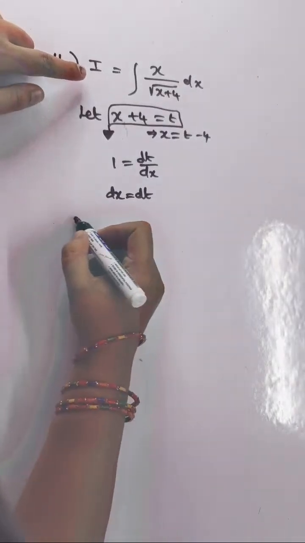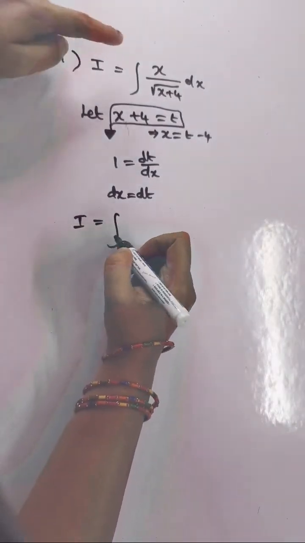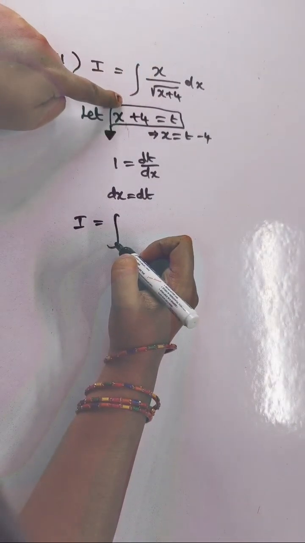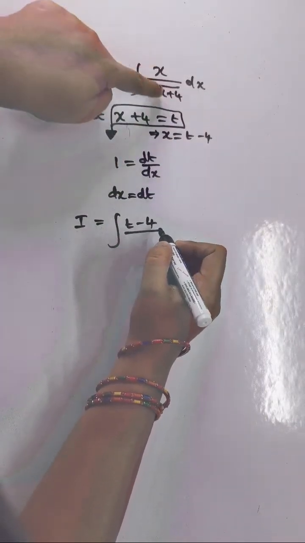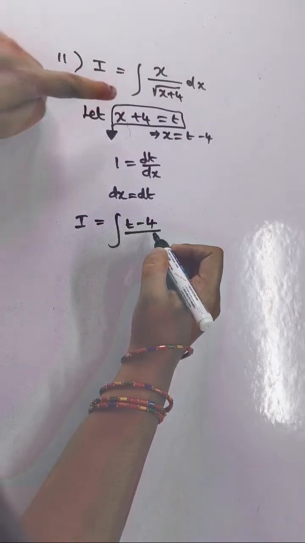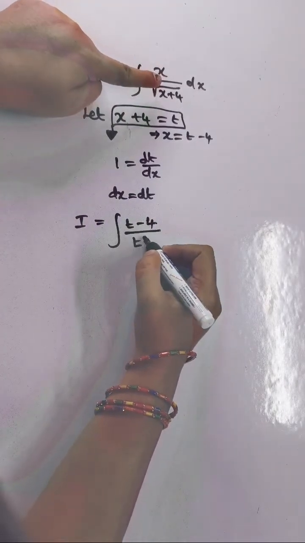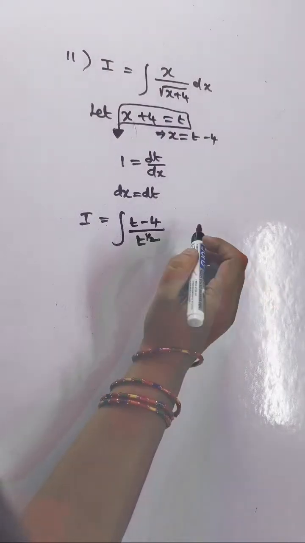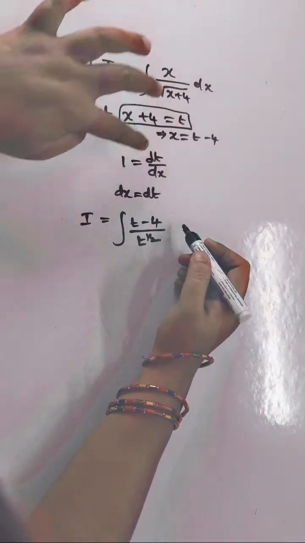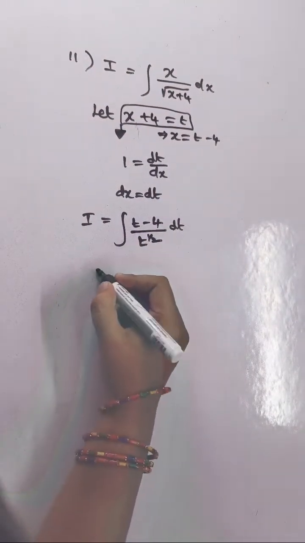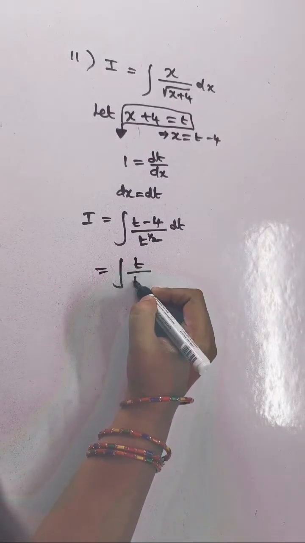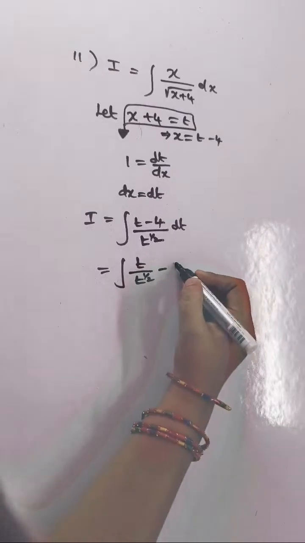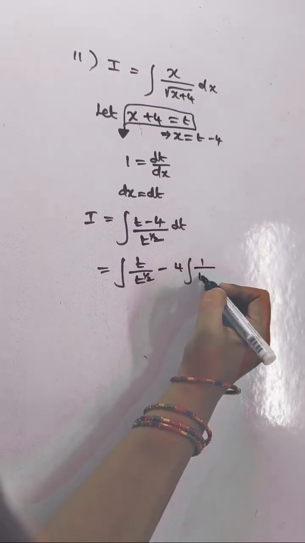Now substitute here. So I is equal to, in place of x, from our assumption we found x as t minus 4, by, and x plus 4 as t. Since it is root, you can write it as t power half or root t, that's up to you, and dx as dt. Now split the terms. So you get t by t power half minus 4 into 1 by t power half.